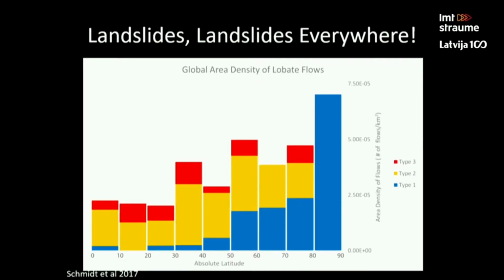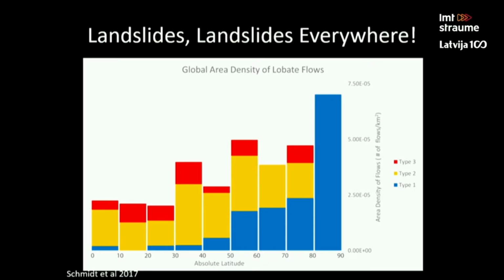If we look at that in terms of areal distribution, so this is the percentage of the flow that covers any given area, this actually reveals what you can kind of see in this plot, which is that while we find type 2 flows across the surface of Ceres, we have very rare occurrences of what we're calling type 3 or fluidized flows.